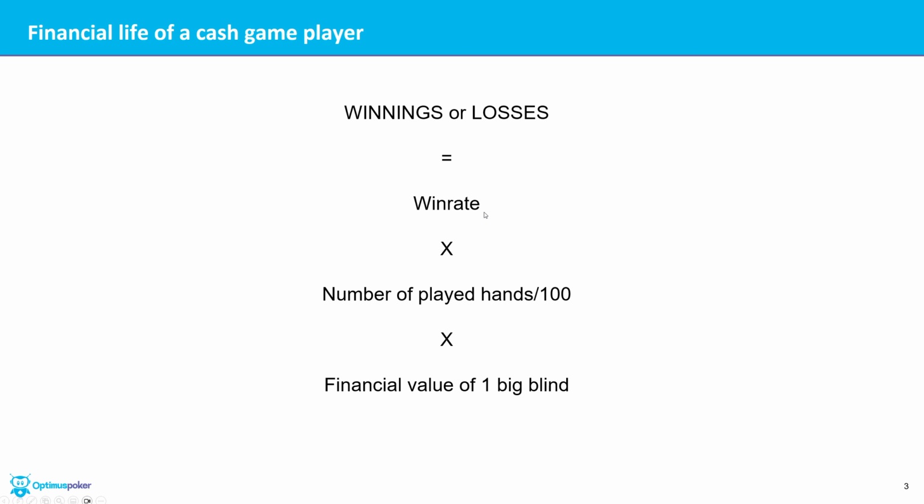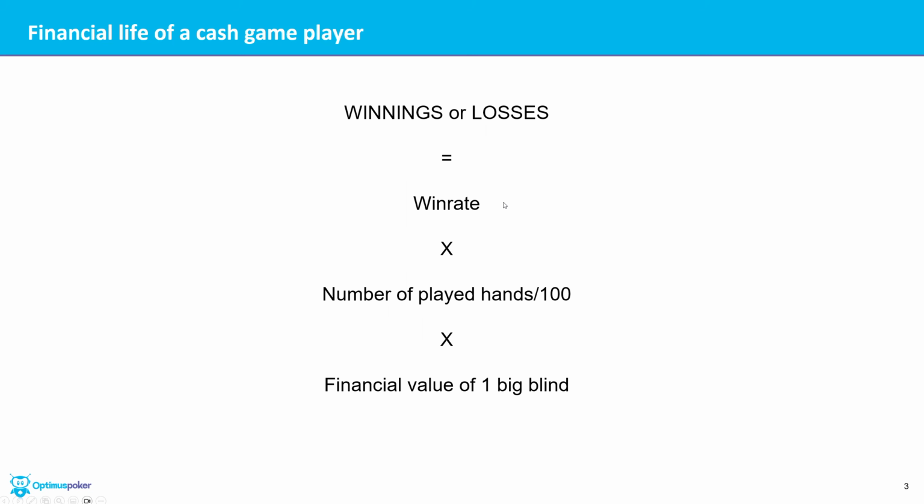So you take the win rate, you multiply that by the number of hands that you play divided by 100. So for example, if you play 10,000 hands per month, which is classic, well, 10,000 divided by 100 is 100.